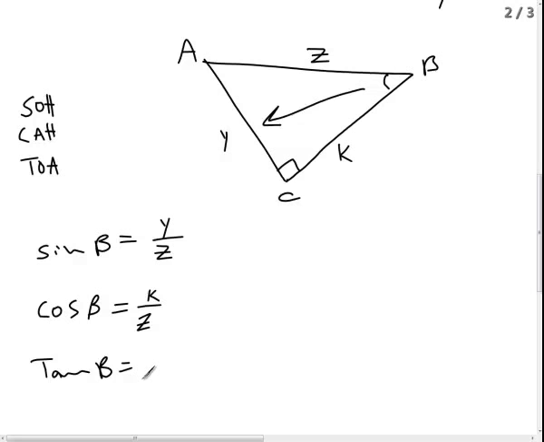And Harley, how about tangent B? Well, careful now, tangent is opposite over adjacent, right? Y over K, right. Okay, good. Questions with that?